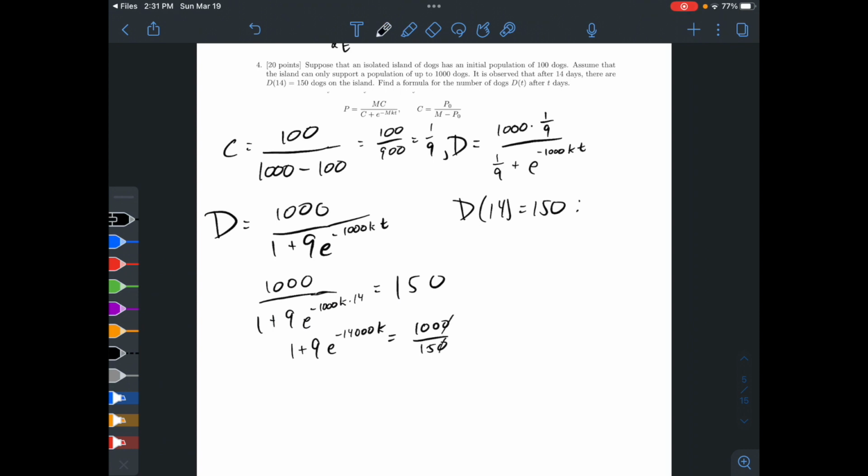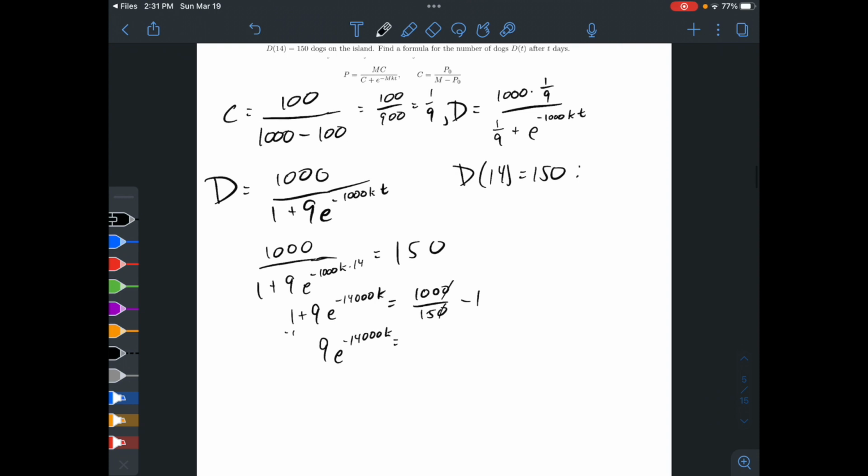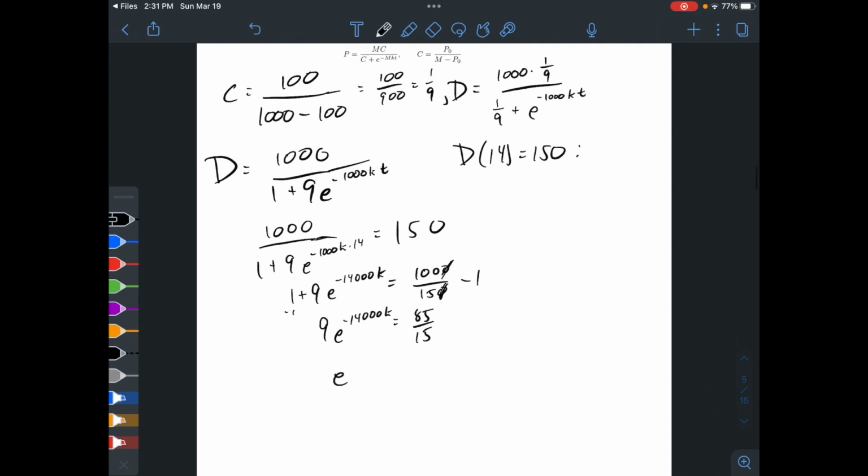And then we can subtract 1 on both sides. So we get 9e to the negative 14,000 k is equal to, this becomes 100 over 15 minus 15 over 15, which is 85 over 15.